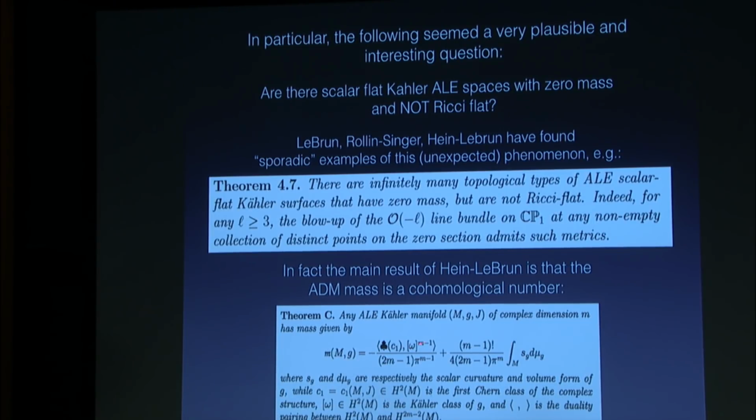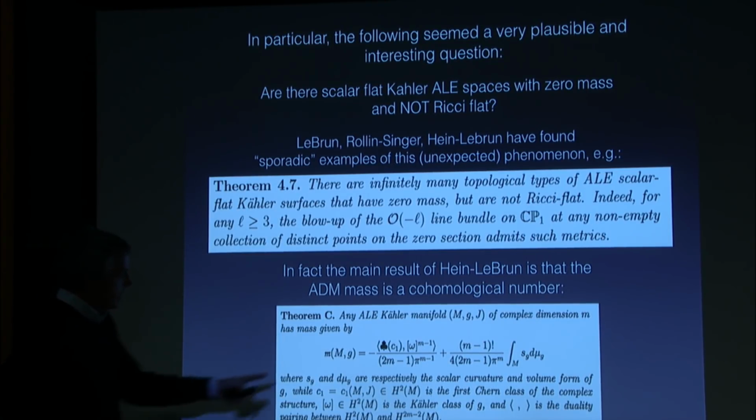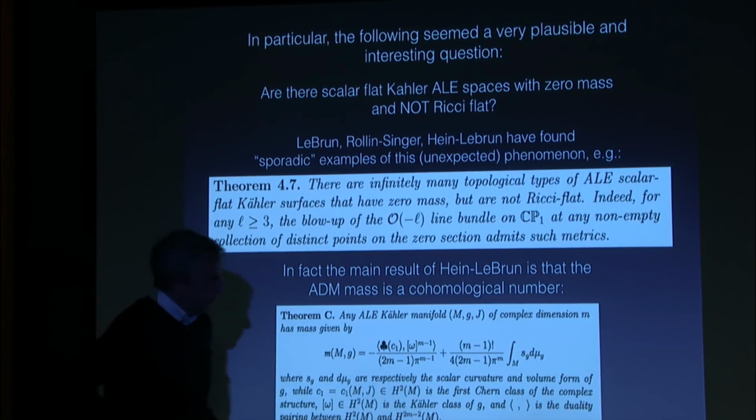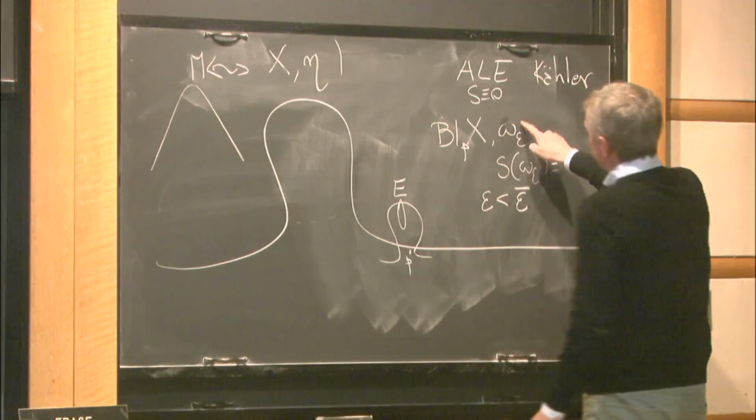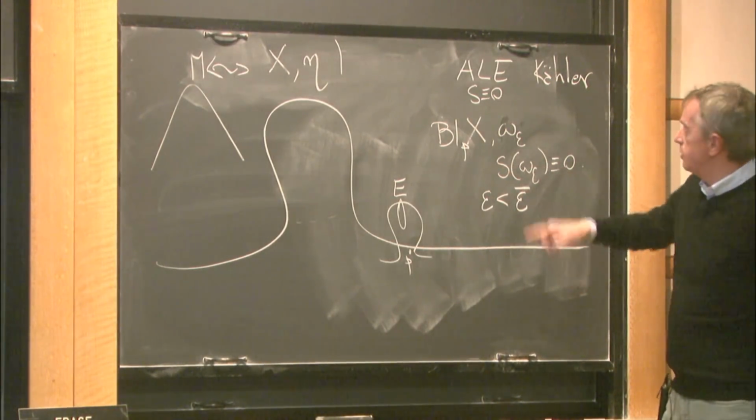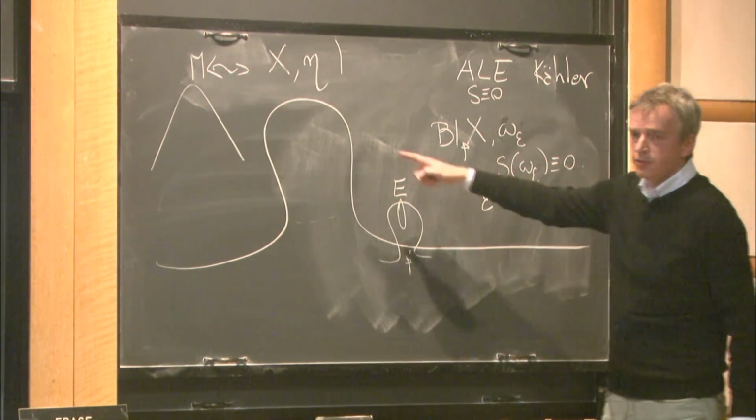I will always assume that the scalar curvature is zero, so forget the second term. This integrates to zero because it is zero. So it's left really with the Futaki class against omega to the n minus 1, renormalized in a suitable form. This is very useful, because if you ask me the mass of this new thing, I can apply that formula. It's very easy to compute the Futaki class of the blow-up and so on.